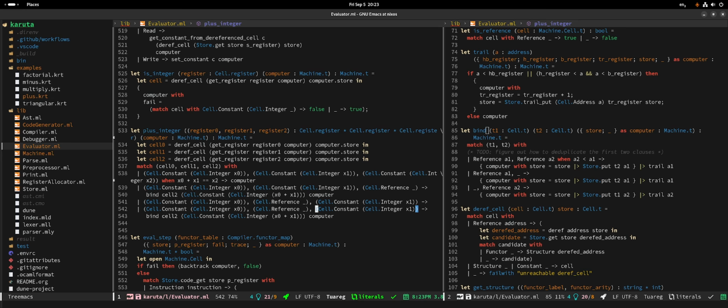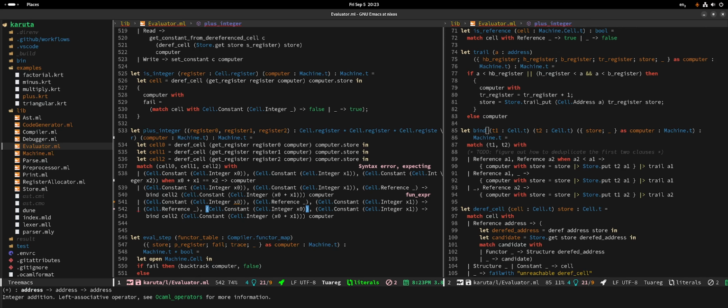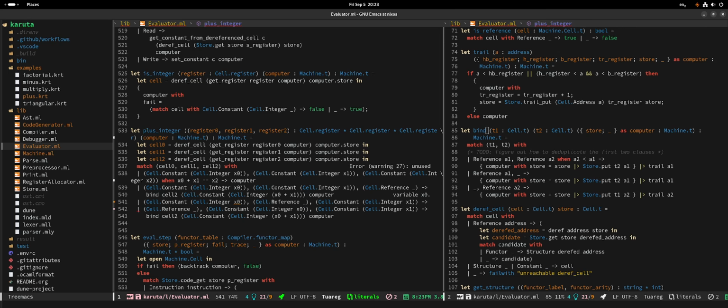And then there will be another case where this goes here actually. We don't need that. But this needs to be an OR pattern, so I need to wrap everything in parentheses in here, and this.